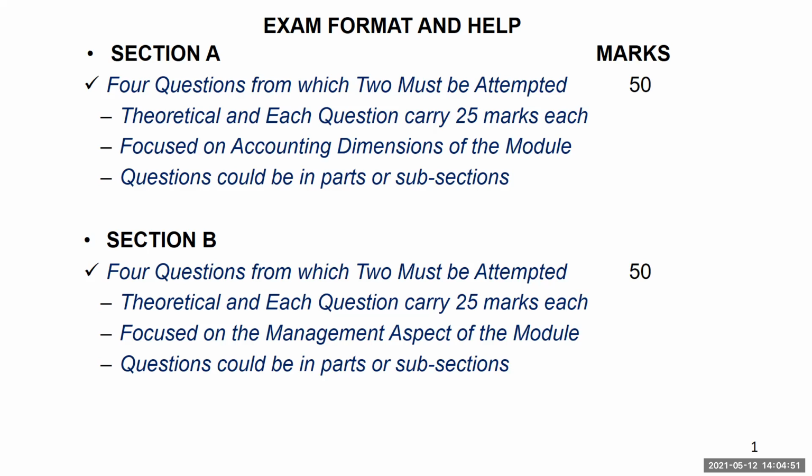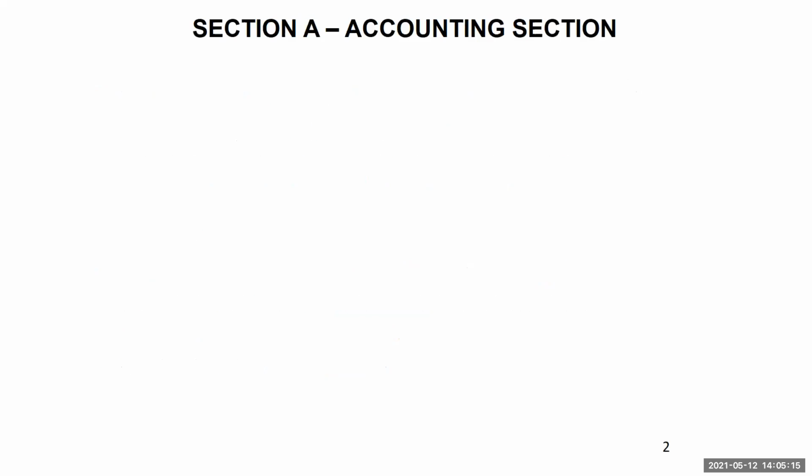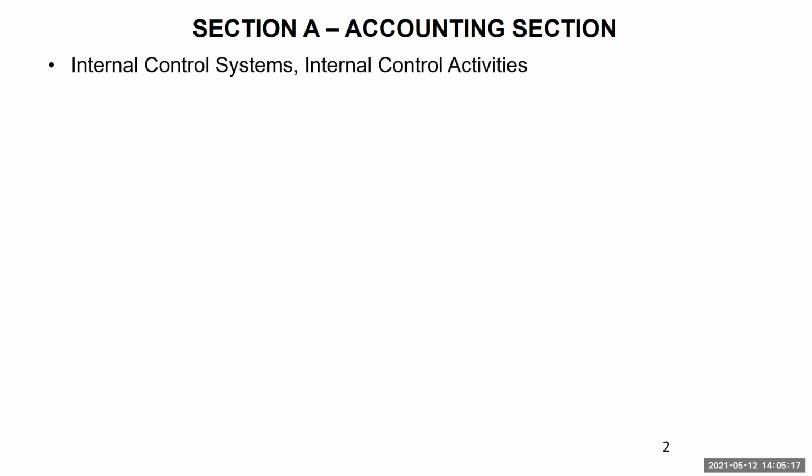Theory based, each question still carries 25 marks, and they are based on the management aspect of the module, which Karen has taken us through quite easily and excellently. The format is the same as the accounting. They are also in parts or in subsections.